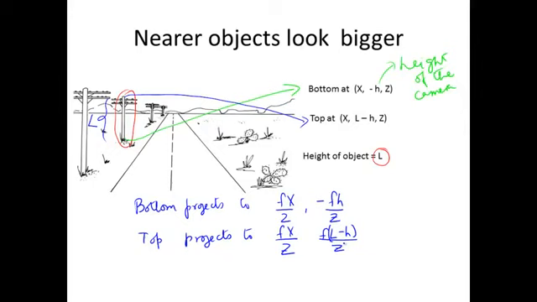So if I consider the difference between these, what is that? That's essentially fL upon z. And that you can think of as the vertical size of the image in the projection. And clearly we have the property here that large z means that this is smaller.